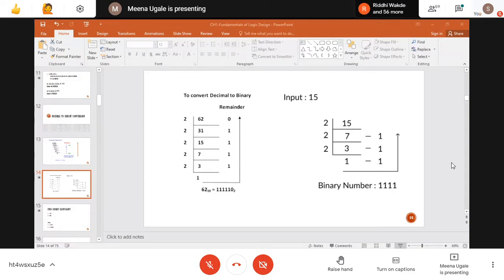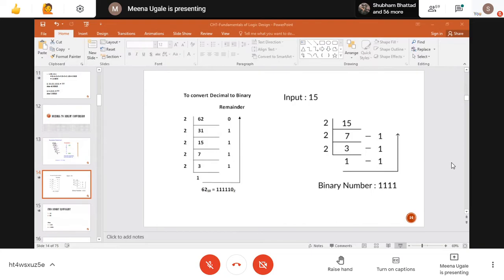Again divide by 2, I am getting 7 as a quotient. 1 is the remainder. Divide by 2, 3 as a quotient, 1 is the remainder. 3 divided by 2, I am getting 1 as a quotient and 1 as a remainder. I continue till the end, writing these down, and then finally your number is represented like this.